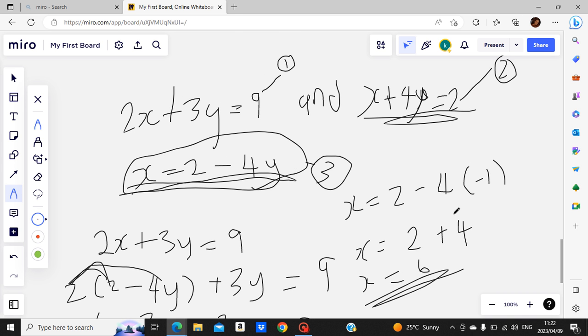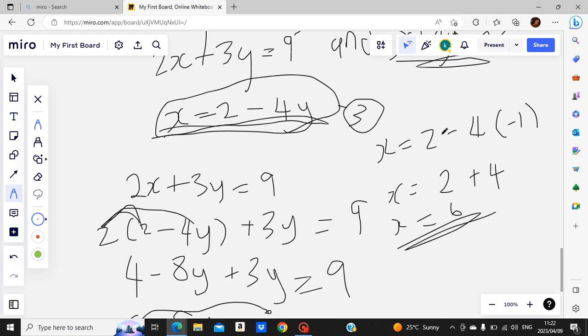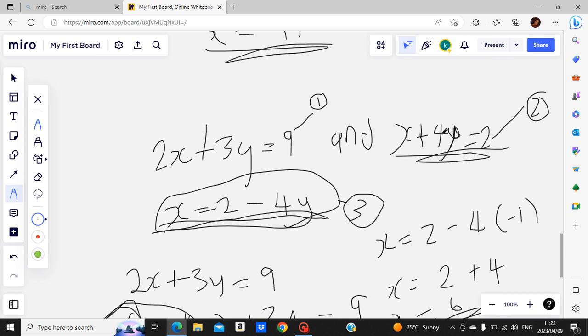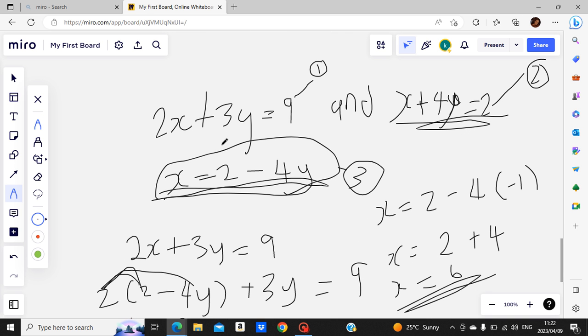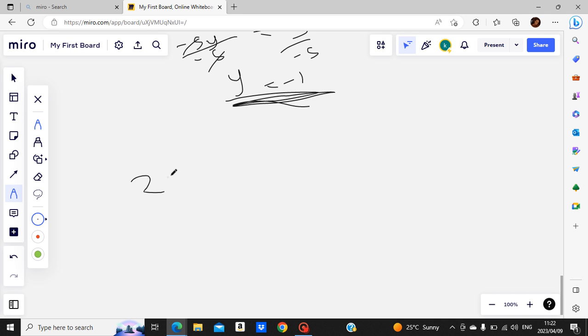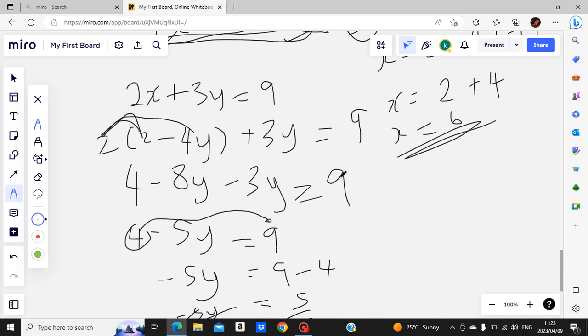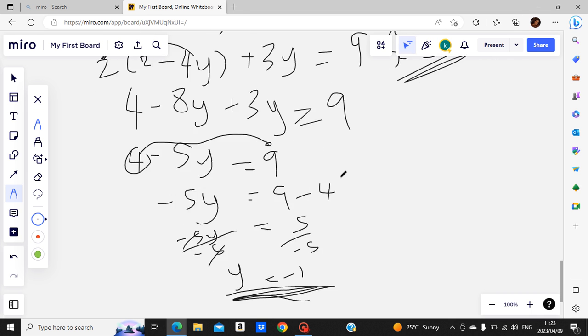And then every time you get something like this, you have to go back to either your equation 1 or your equation 2 and substitute your y and your x in order for you to see if your answer is correct. So in this case, let's take our equation 1, which is 2x plus 3y equals 9. What's our y? Our y is minus 1 and our x is 6.